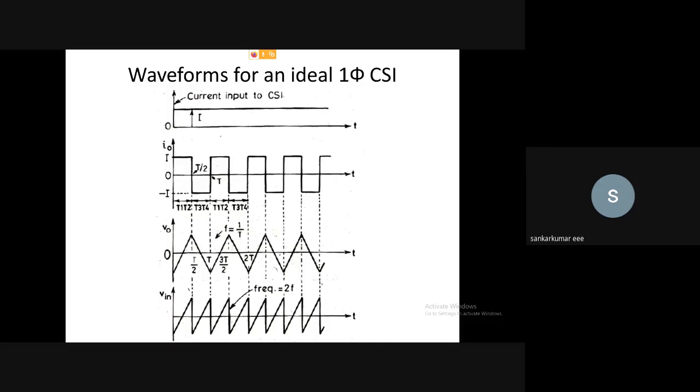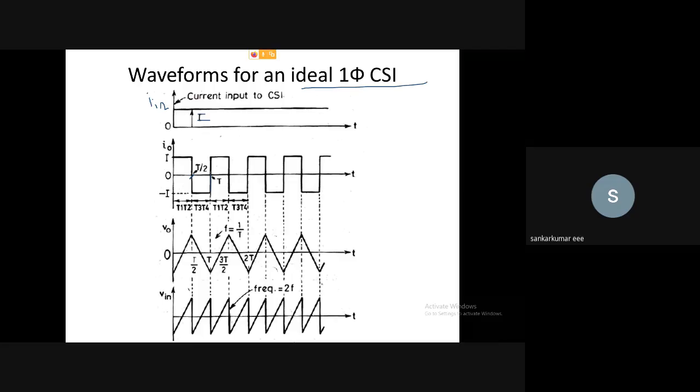These are the waveforms for the ideal single phase current source inverter. This is the input current, I input. The input current will be of constant magnitude I by means of the connected inductance. And this is your output current I naught, which will have a square waveform. For the positive half cycle of the output waveform, T1 and T2 will be conducting, and for the negative half cycle, T3 and T4 SCRs will be conducting.